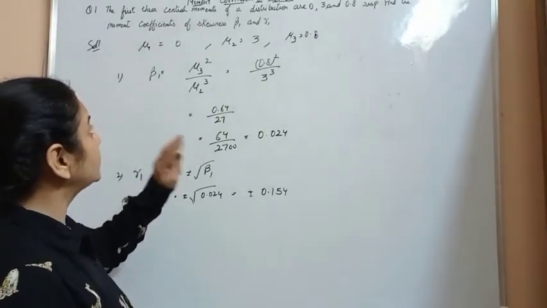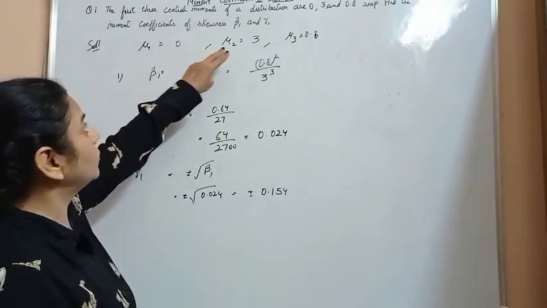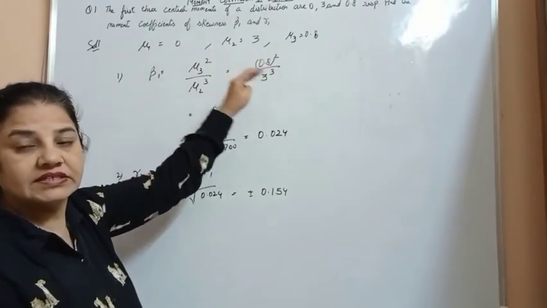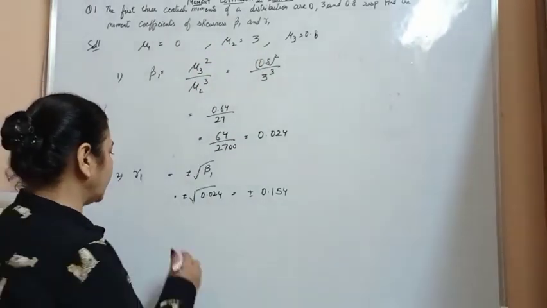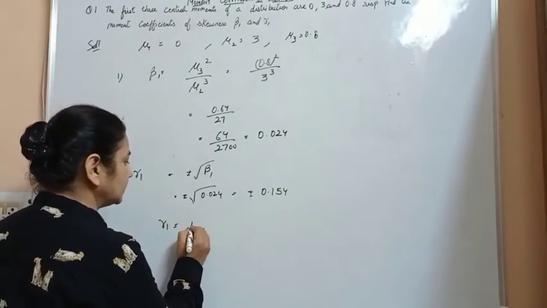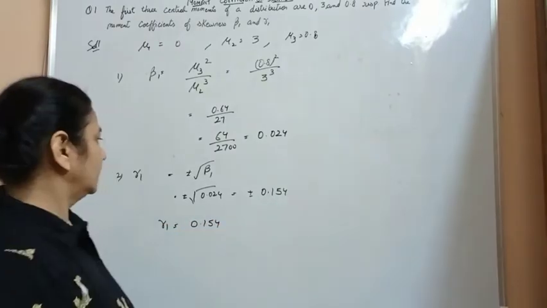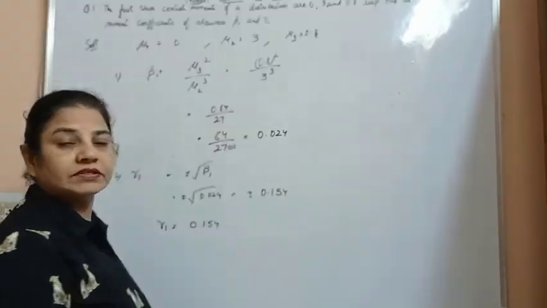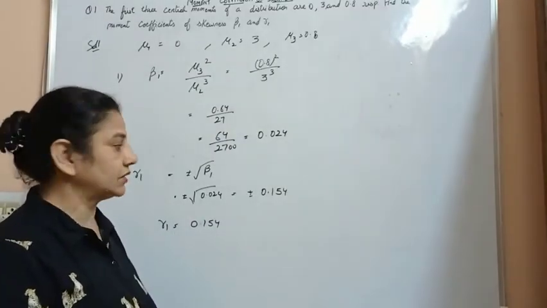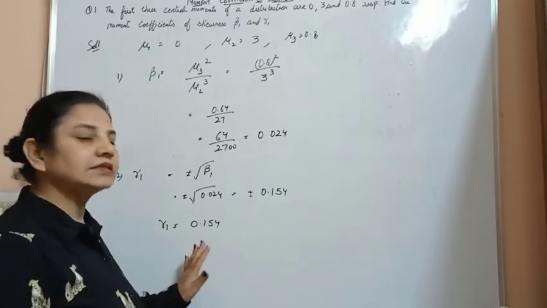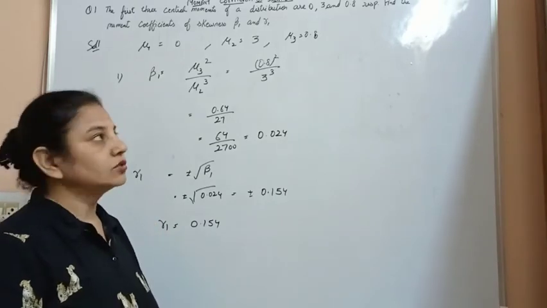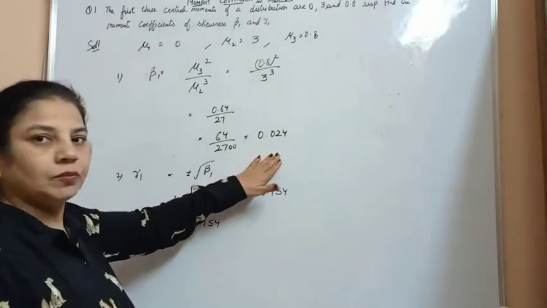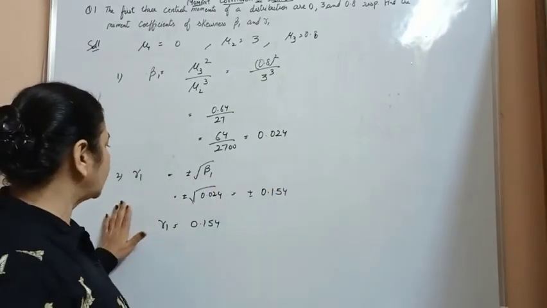Since all the first three central moments are positive, we have gamma 1 as positive 0.154. So hence we have calculated the moment coefficient of skewness beta 1 as 0.024 and gamma 1 as 0.154.